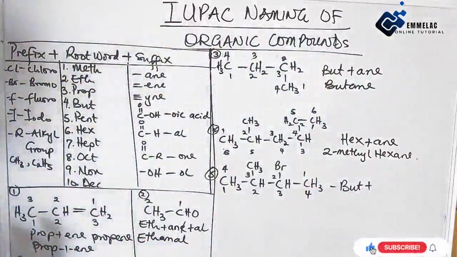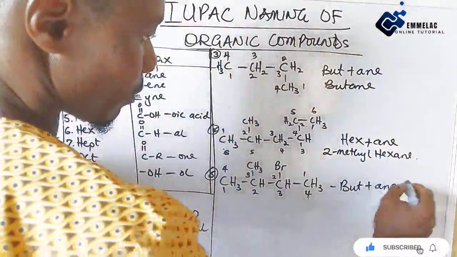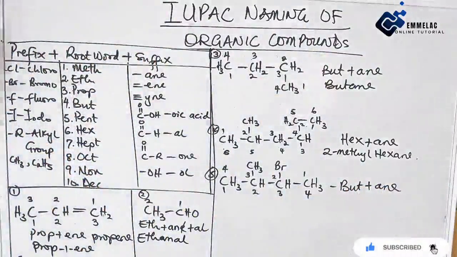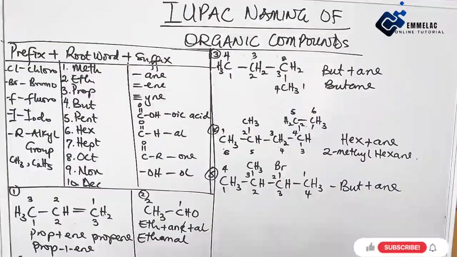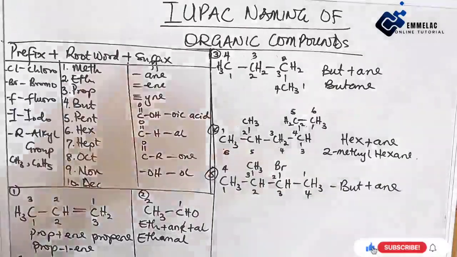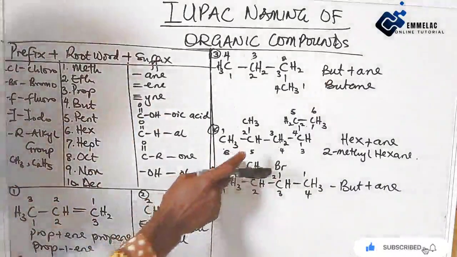Now it is a single bond, right? Now to identify the prefix in this compound, we just need to ensure that the halogen comes first before the alkyl group.